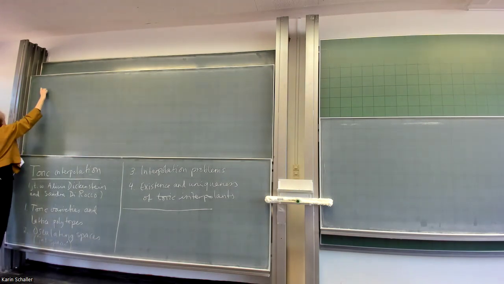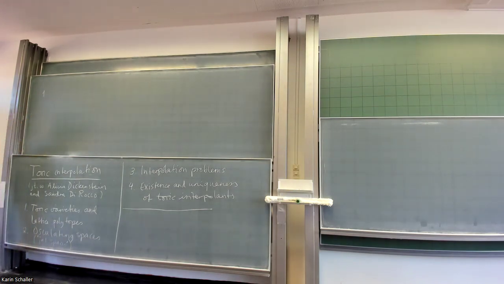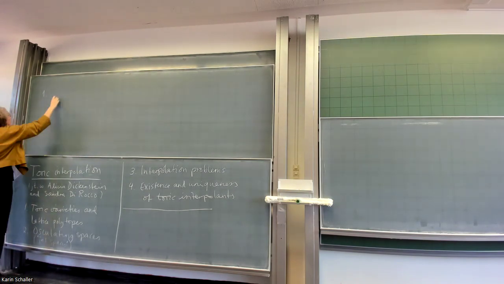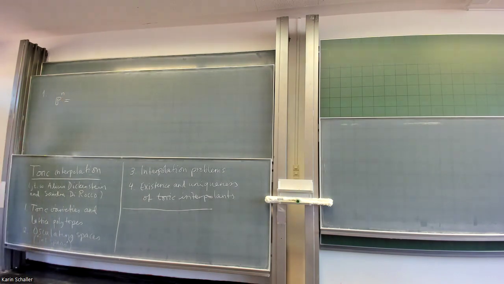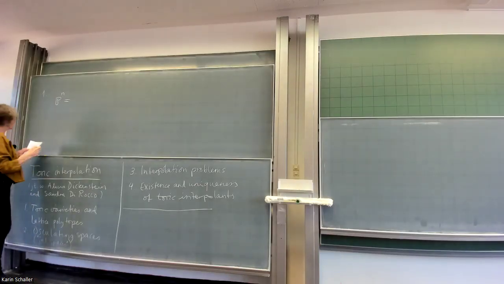Okay, so let's start with toric varieties. Let P^n be complex projective space. It's not necessary to work over the complex numbers, but this is what we did in our joint work.